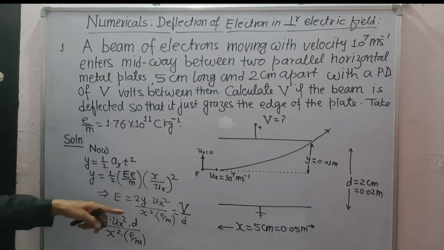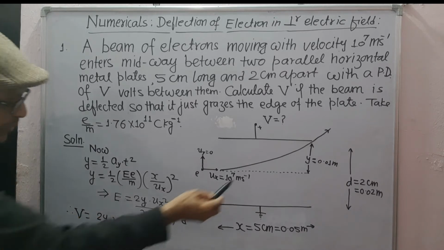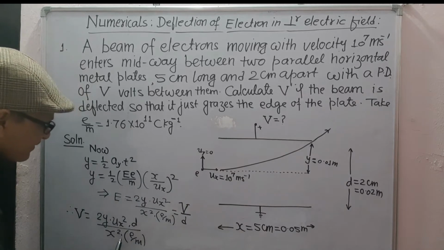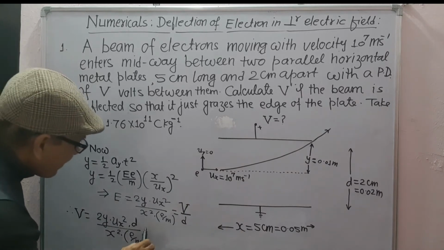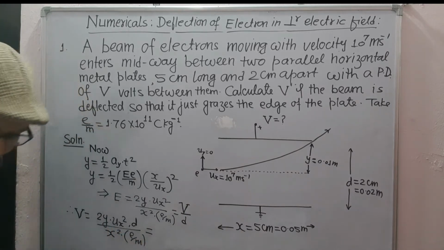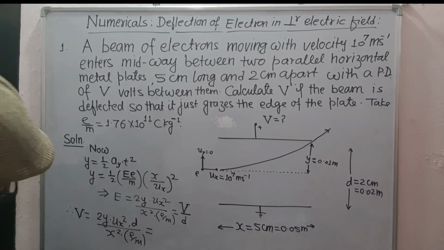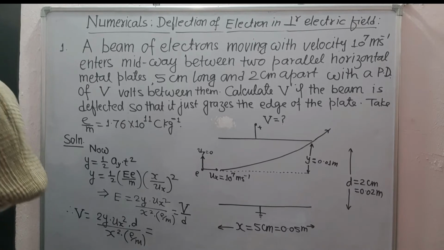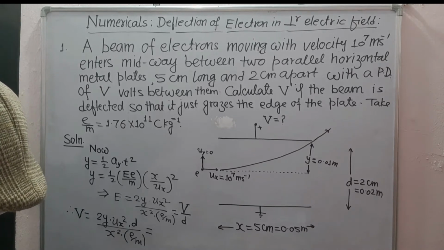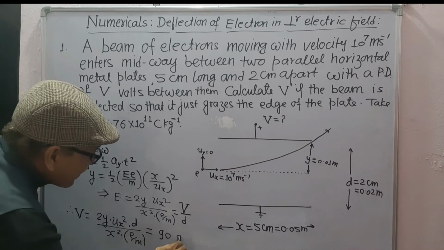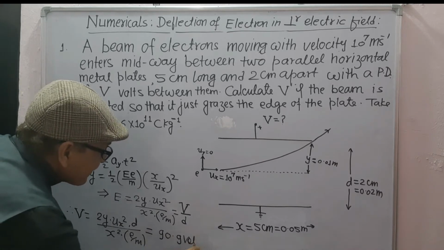Now putting the corresponding values of y, u_x, d, x and e by m, we can find the value of V, which comes out to be 90.9 volts.